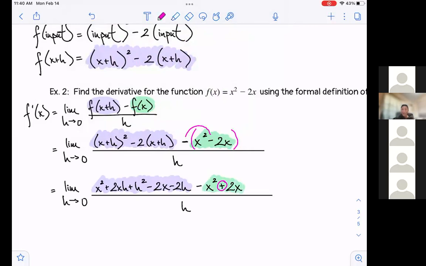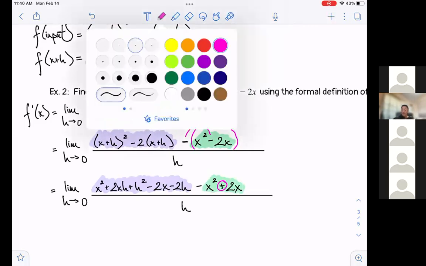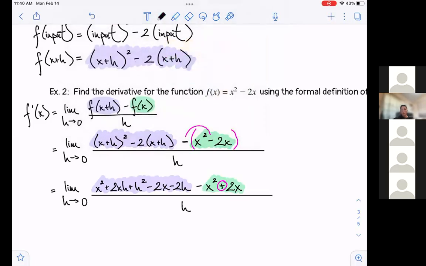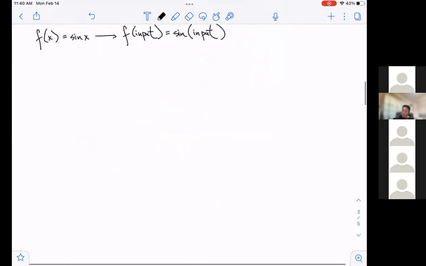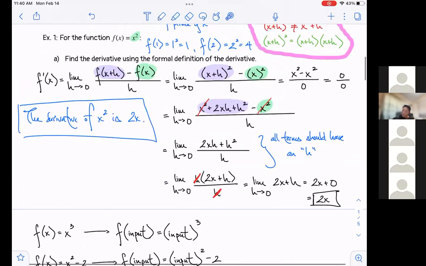I intentionally left that off because it's so easy when we're working to just keep writing, and then we forget about the parentheses. And what happens is when we forget the parentheses, sometimes things don't cancel out anymore. And remember how I said there was a clue that at some point, all terms should have an h?